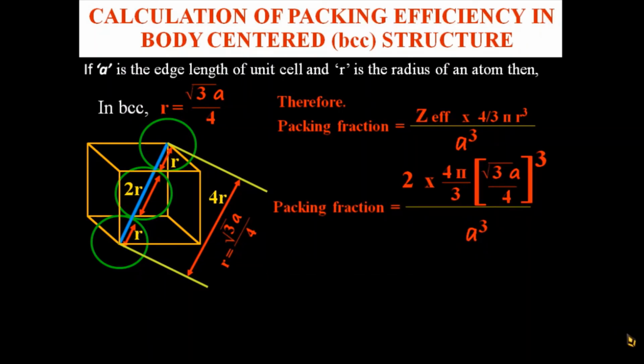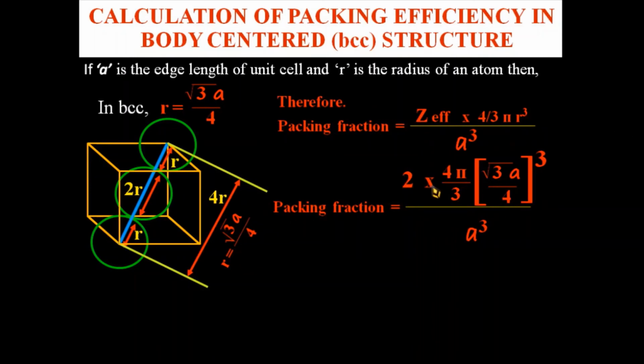Packing fraction is equal to, here we put the value of R. So 2, which is the value of Z effective, because BCC is made up of two spheres or the atoms.